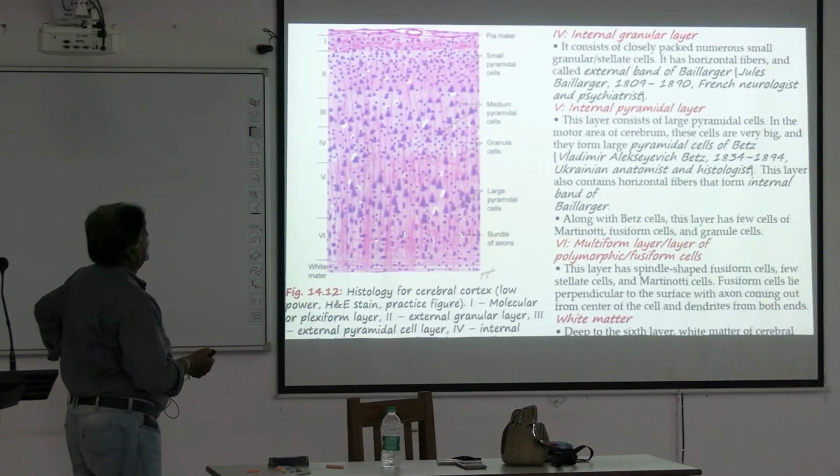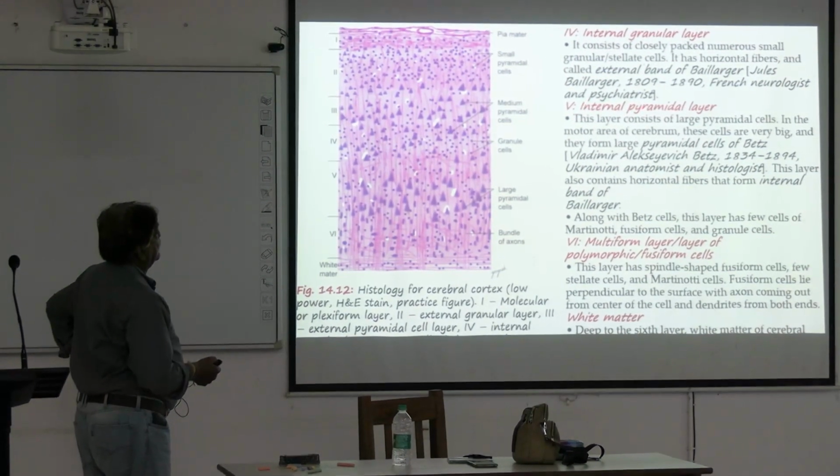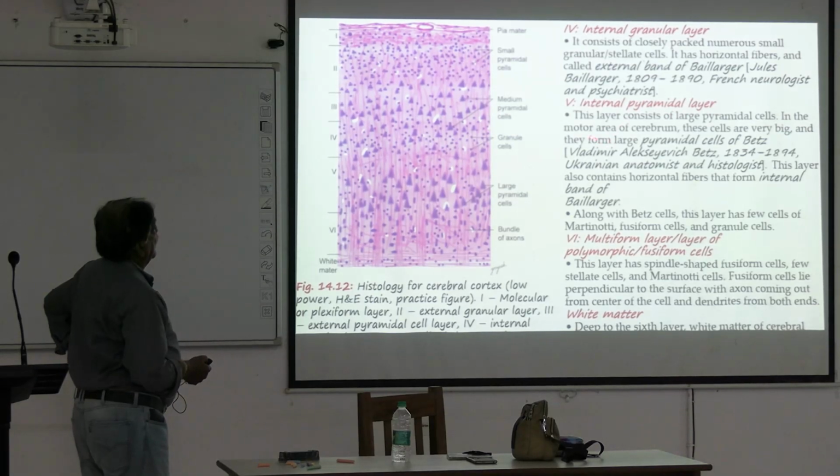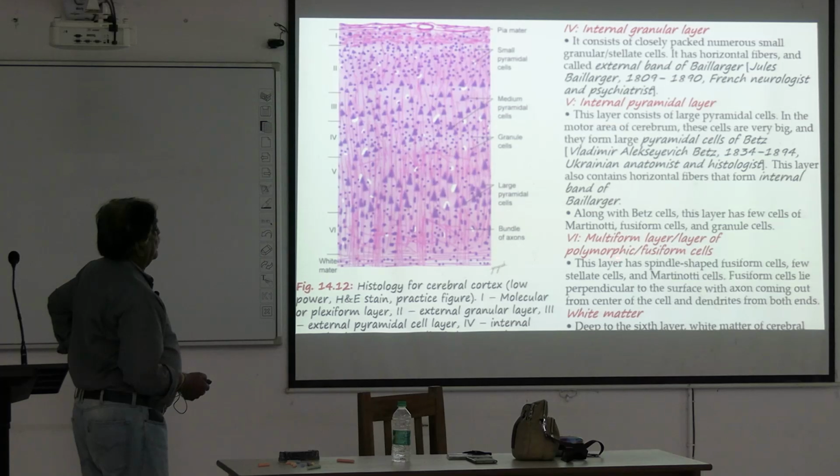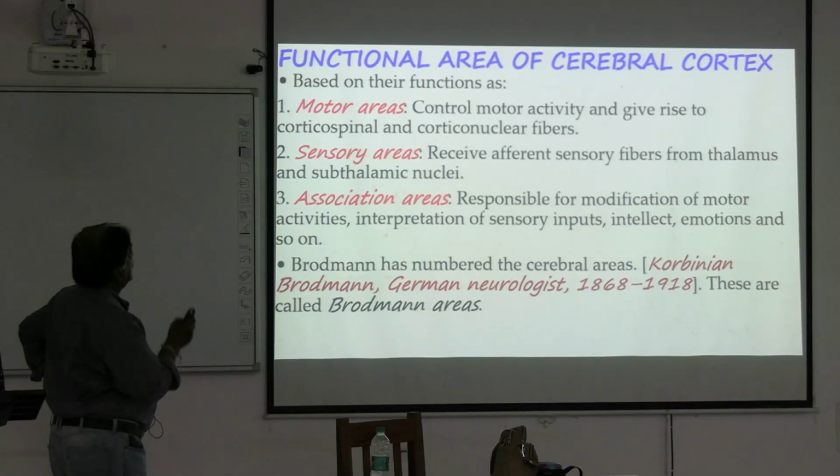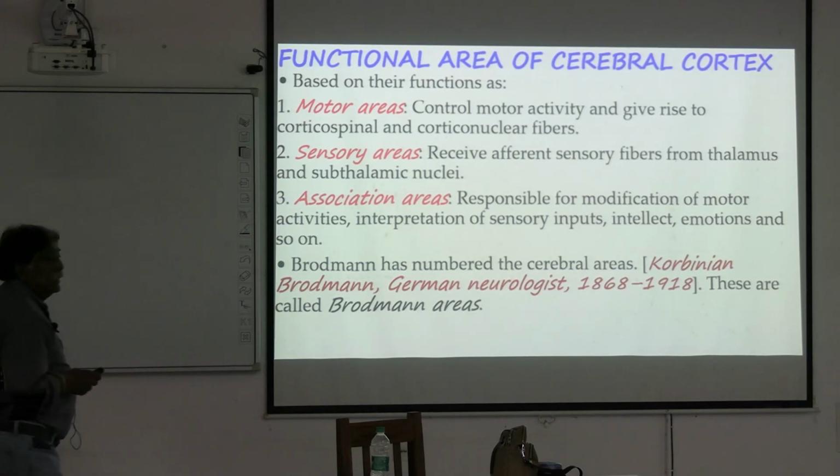See this red: internal granular layer, internal pyramidal layer, and multiform layer, a layer of polymorphic fusiform cells, white matter.